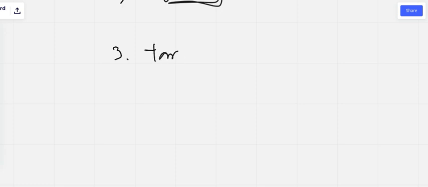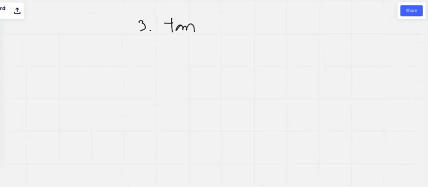So now let's look at another problem. Tangent of sine inverse of 3/5.